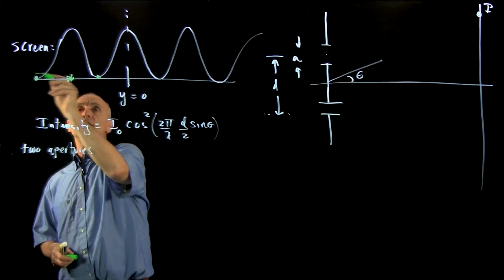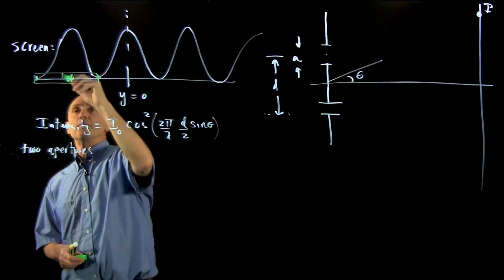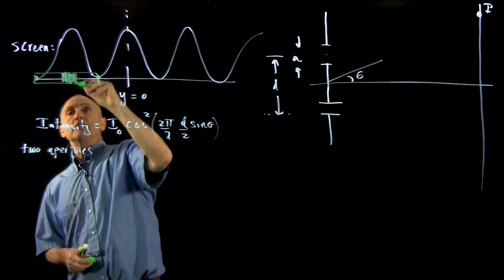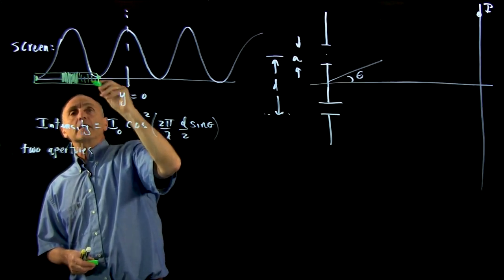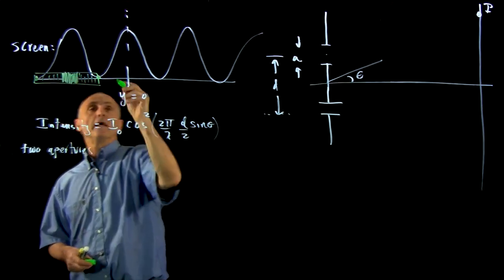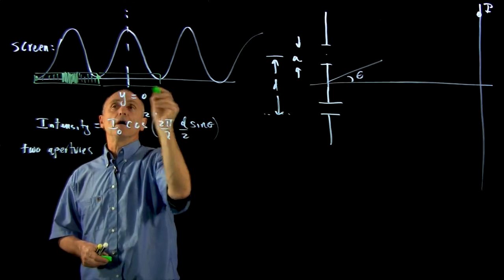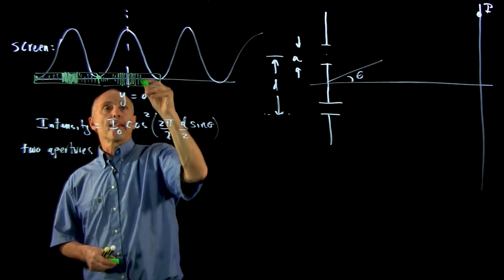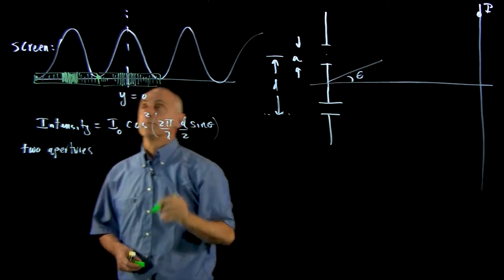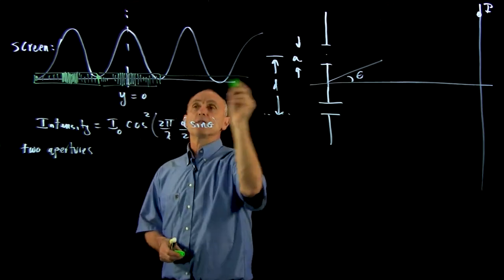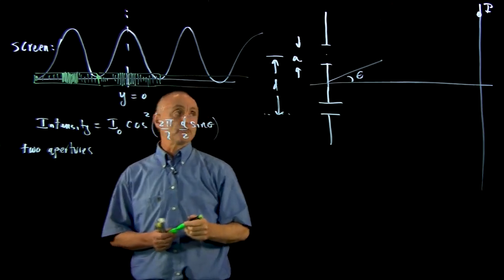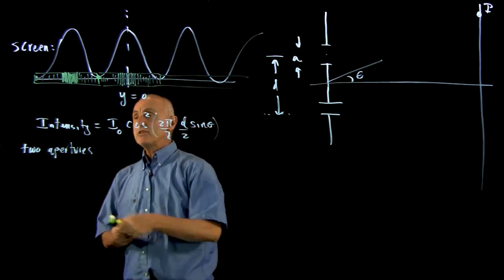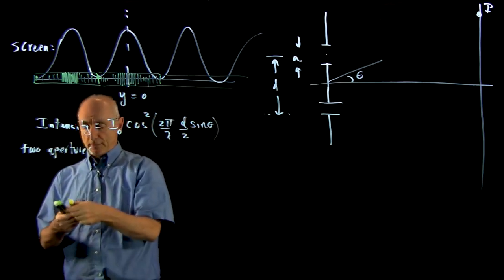So what you might see on the screen is a band where it's very dark, and then it gets to the minimum. And likewise, a band, a 0, starts to get darker and gets a little lighter. And so that would be the pattern that we would see on the screen. So this is the intensity that you see with two apertures.